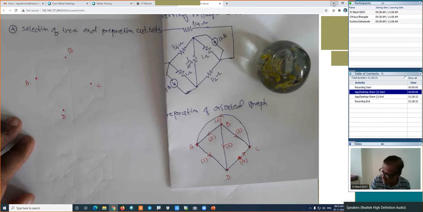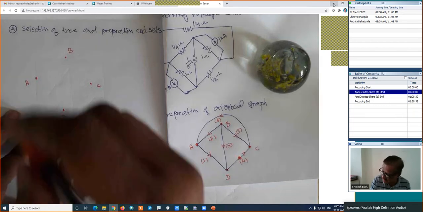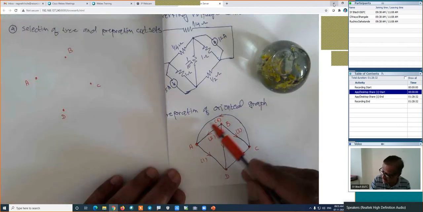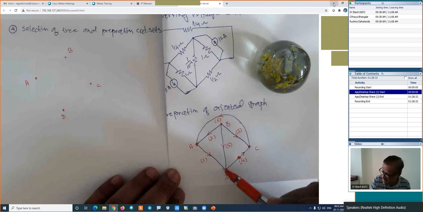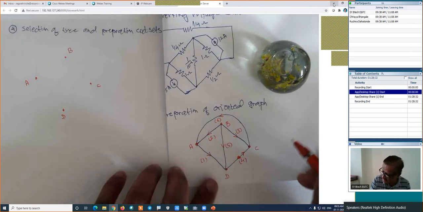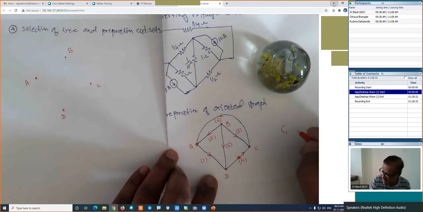What I will do, I will select a little complicated tree in this particular case. How will be the tree which I am selecting? I am selecting this branch, then this particular branch and this branch as a tree, which are branch number 6, branch number 4 and branch number 5. I am selecting branch number 6, branch number 4 and branch number 5 as a tree.